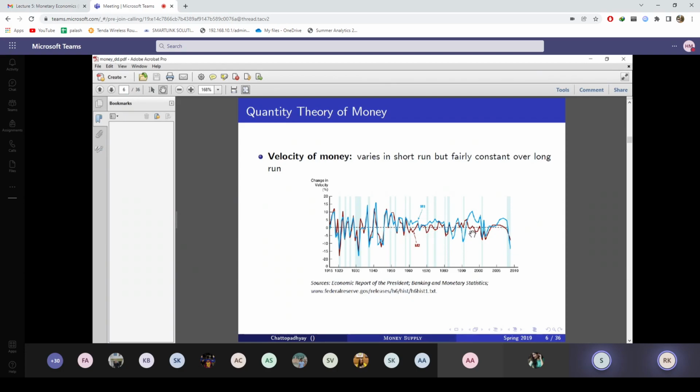And that is why the assumption of the classical economy, classical is basically a long run economy, that the constant velocity is supported by the data. The velocity of money in the long run is constant. Data shows that. But in the short run, there is a fluctuation.